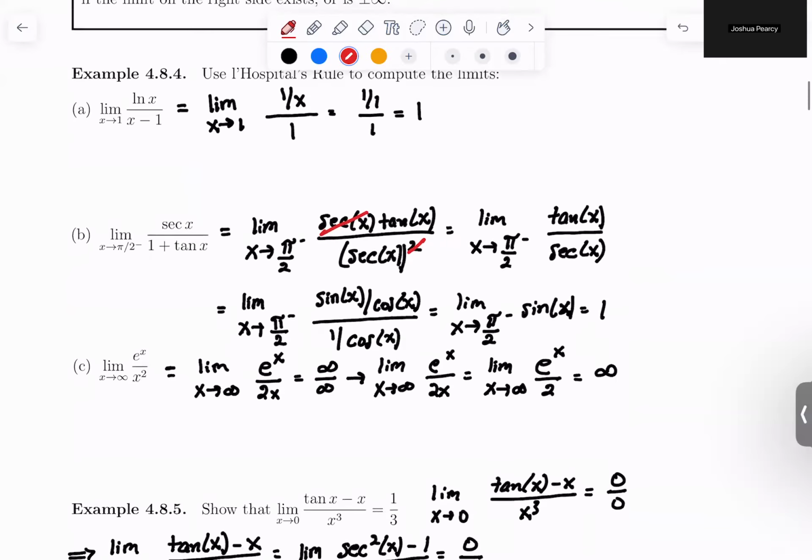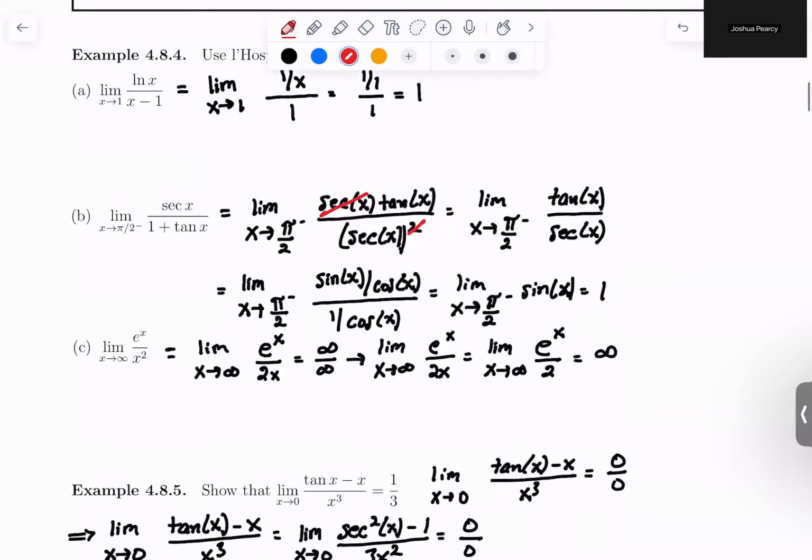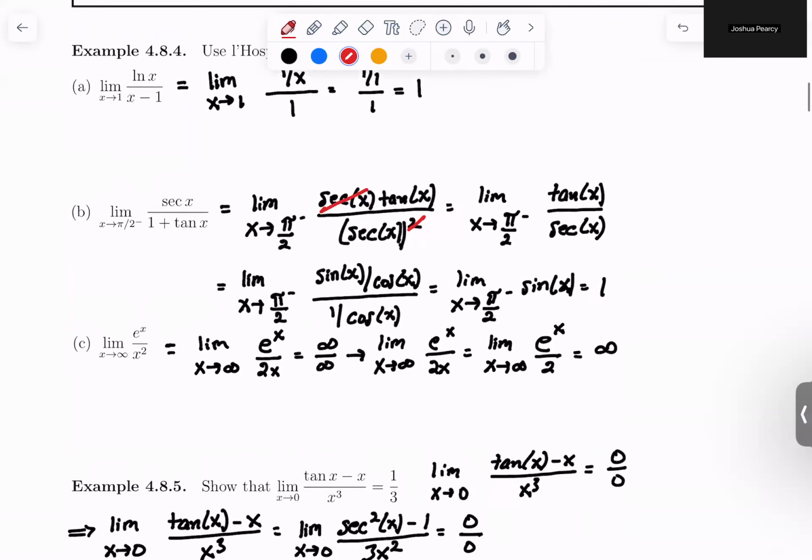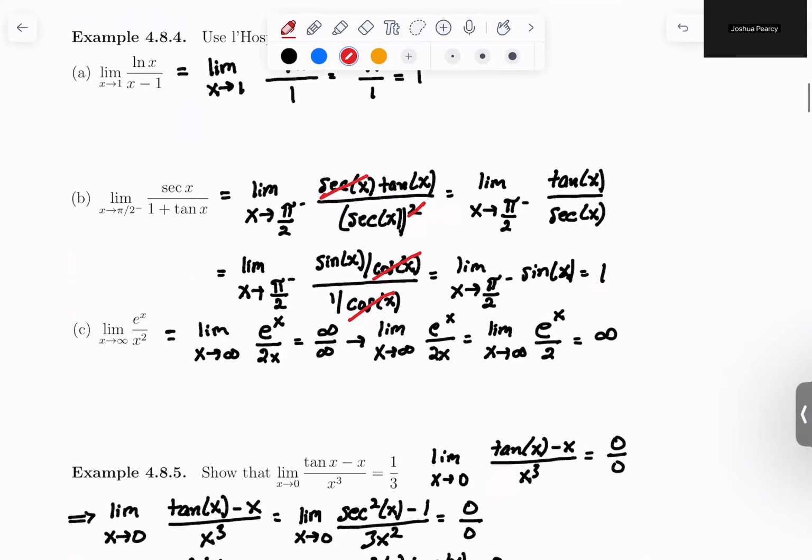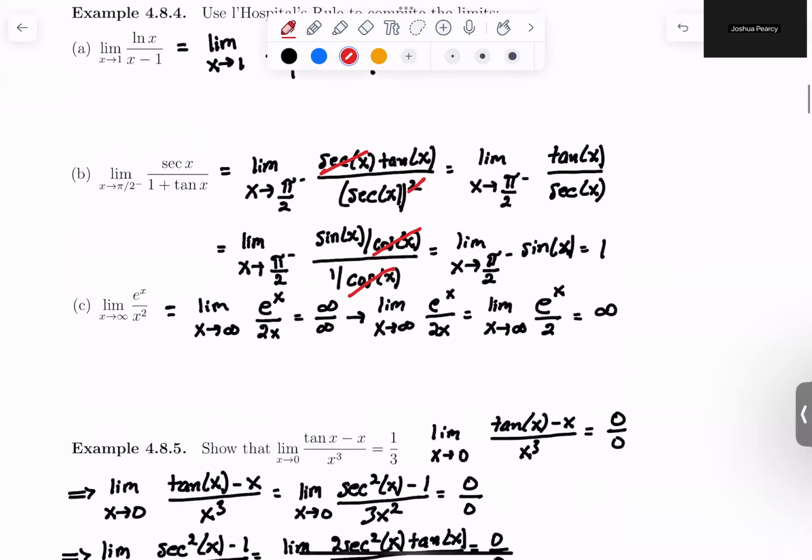But now we can rewrite both of these trigonometric functions. Tangent x is sine x over cosine x by definition, and secant x is equal to 1 over cosine x. So now notice that the cosine x's go away, and I'm left with the limit as x goes to pi over 2 from the left of sine x. If I plug in pi over 2 into sine x, I get 1. So that limit is equal to 1.